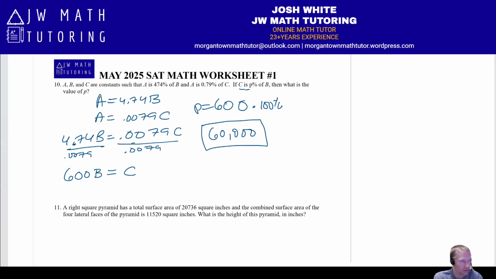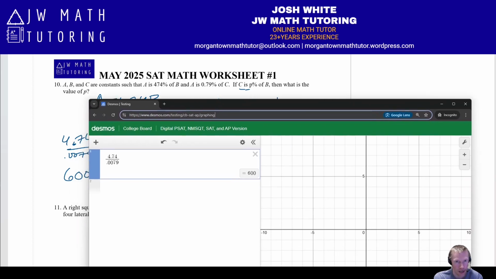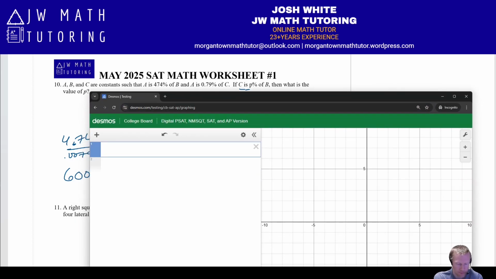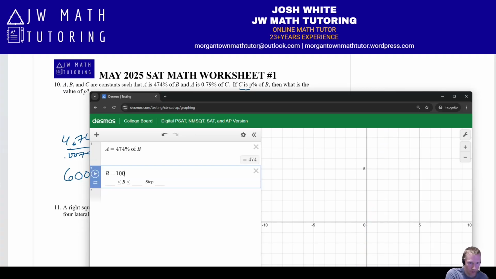However, like most percentage problems, we can of course solve this problem in Desmos. So let's see how we can do that. All right, first thing I'm going to do is just type the original equation, or the first equation, which is A equals, and you can leave it as a percentage, 474% of B. Then I'm going to define B as 100.